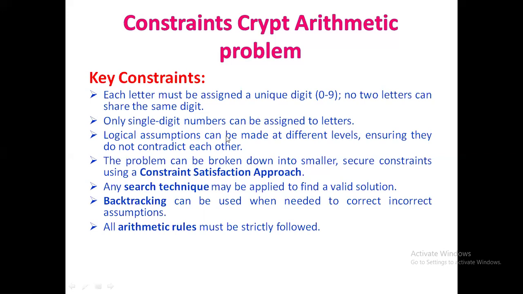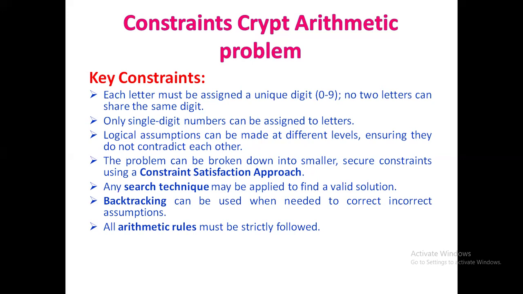Next, logical assumptions can be made at various levels during the solving process, but they must not contradict each other. To simplify the problem, it can be broken down into smaller constraints, allowing a constraint satisfaction approach where different possibilities are explored systematically. To find a valid solution, various search techniques can be applied.